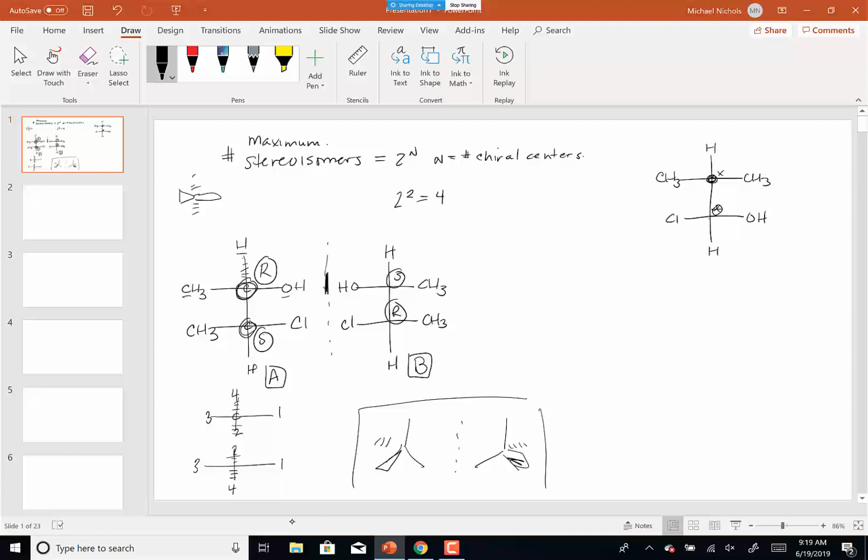I don't know what that means. Tell me what group would go here. Which group would go here? Group on the left? Group on the right?